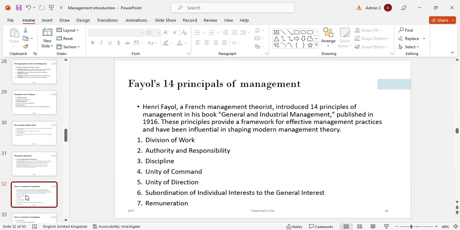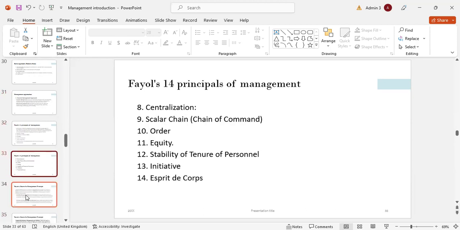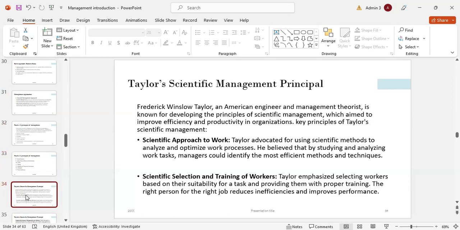Number 1 is division of work, authority and responsibility, discipline, unity of command, unity of direction, subordination of individual interests to the general interest, remuneration, centralization, scalar chain of command, order, equity, stability of tenure of personnel, initiative, esprit de corps.